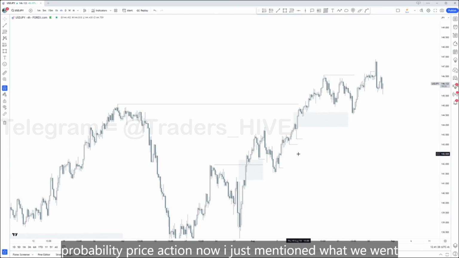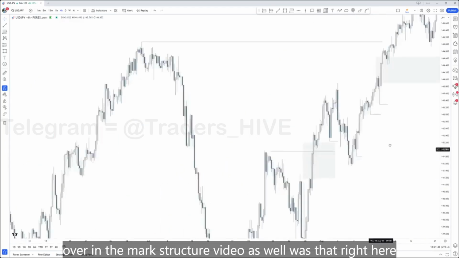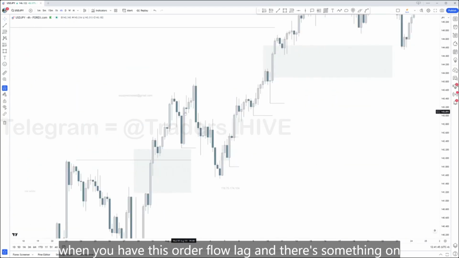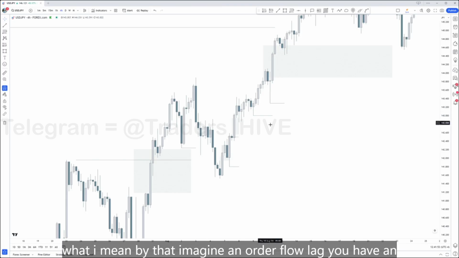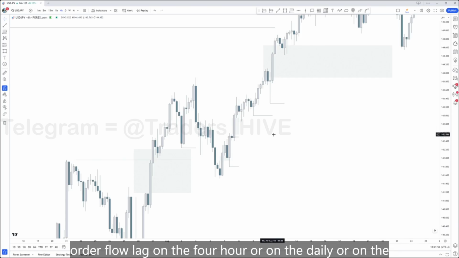Now, I just mentioned what we went over in the market structure video as well, was that right here, when you have this order flow lag and there's something on the time frame above it, a discount array hovering below it. So what I mean by that, imagine an order flow lag. You have an order flow lag on the 4 hour or on the daily or on the weekly.